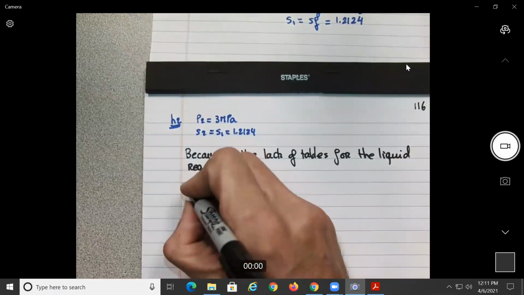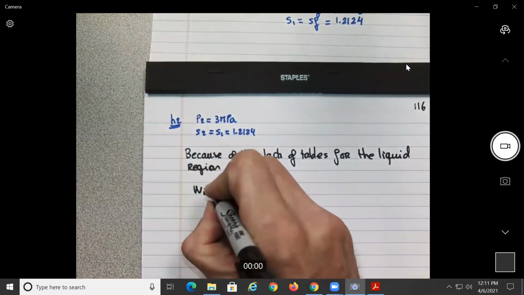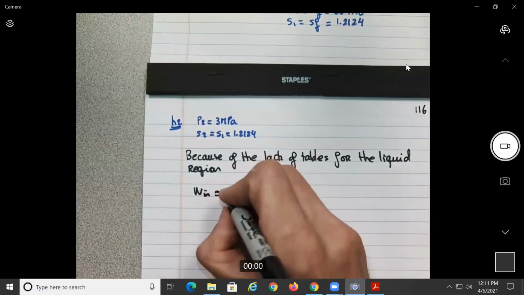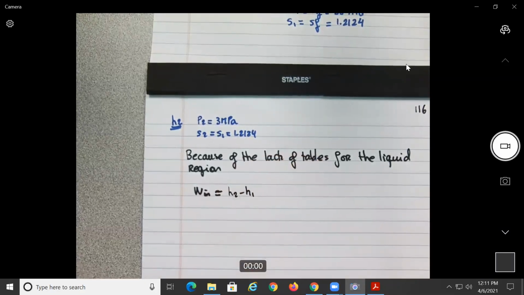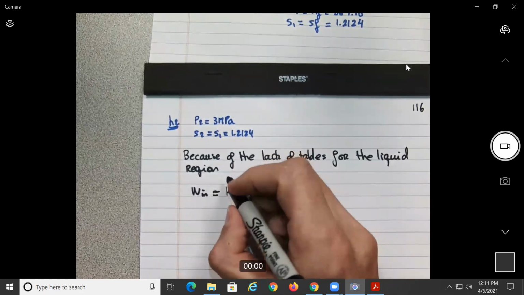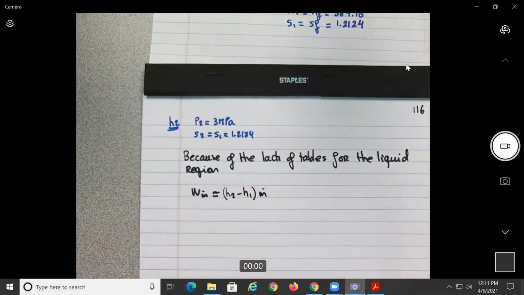So we knew that the work of the pump is equal to basically H2 minus H1. Wait, I want to hear this efficiency. Sorry, I should have put the M over here, okay?